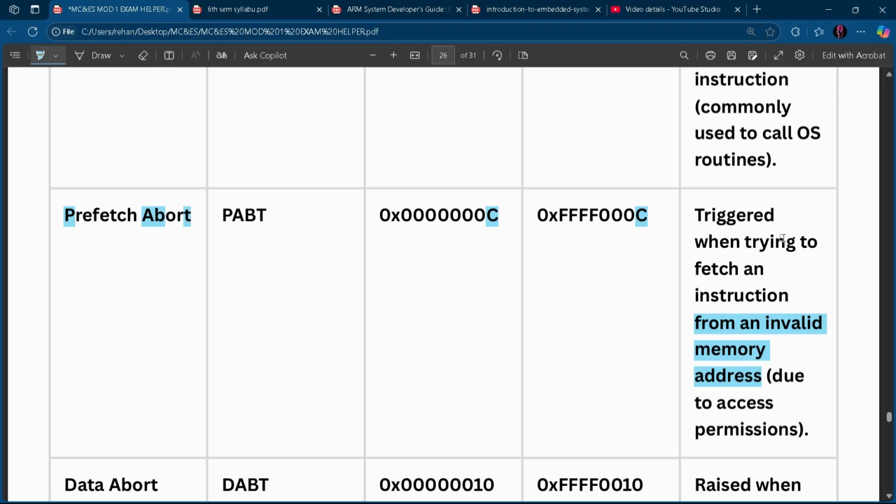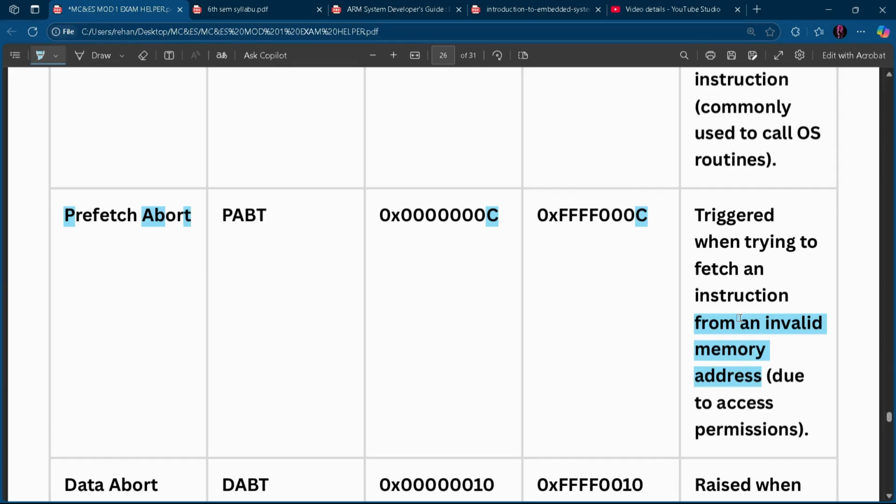It's triggered when trying to fetch an instruction from an invalid memory address. For example, you're trying to access something from the wrong file or folder. It sometimes happens on your laptops itself. If you're not in administrator mode, you won't be able to access a few things.